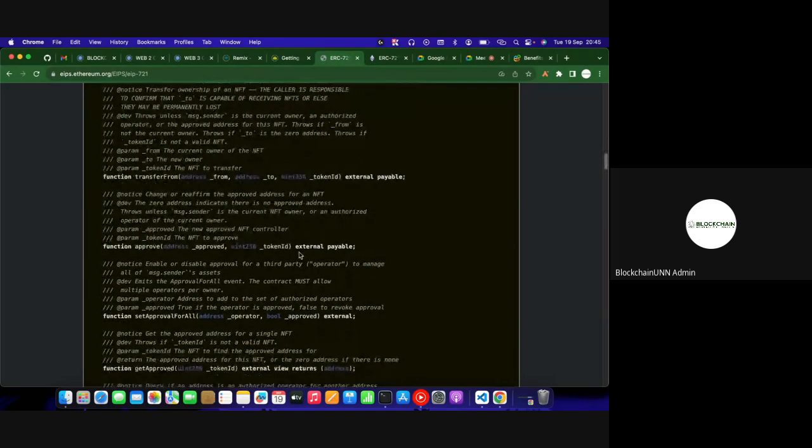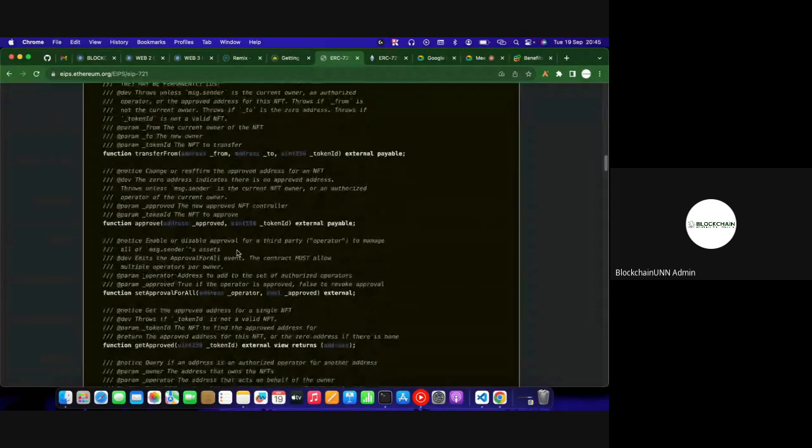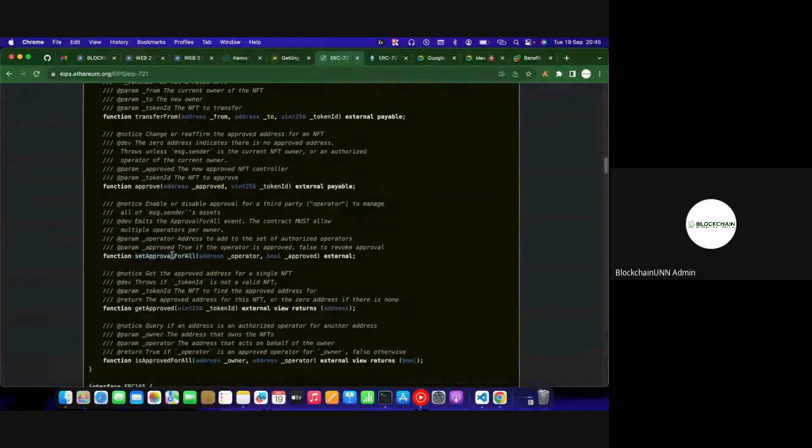Then there's the approve function, which I explained earlier, can be used to approve a particular address to spend that particular NFT, let's say to move it from one address to another. Then there's the setApprovalForAll, which is used for operators.